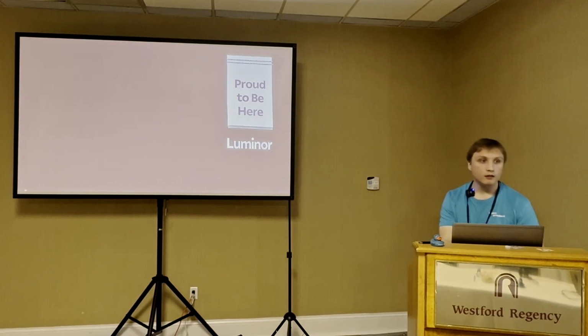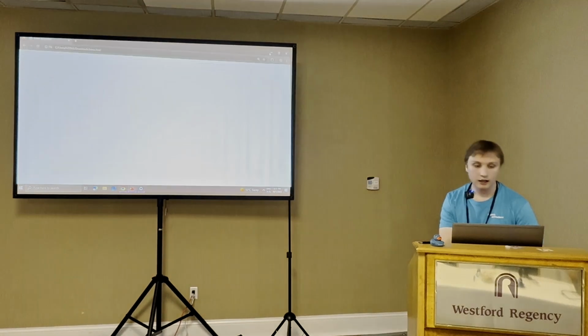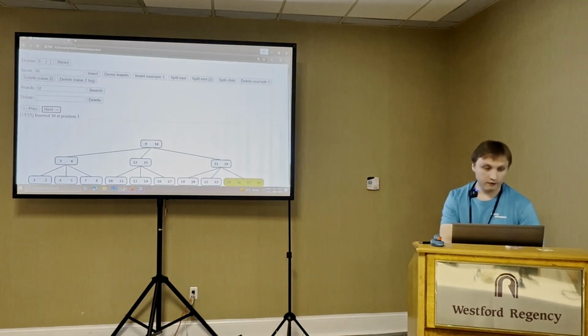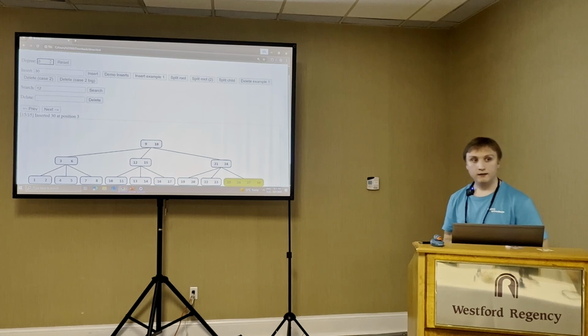Yes? If our maximum node width is 2t minus 1, then why did that node have... So in this specific case, the degree is 3, right? So 2t minus 1 is 2 times 3 minus 1. That's why the max width is 5. So what is t? I thought that the maximum was 3, but now on the bottom right you have 4.